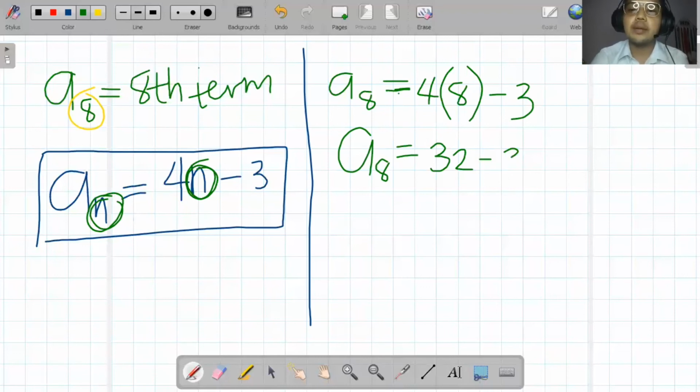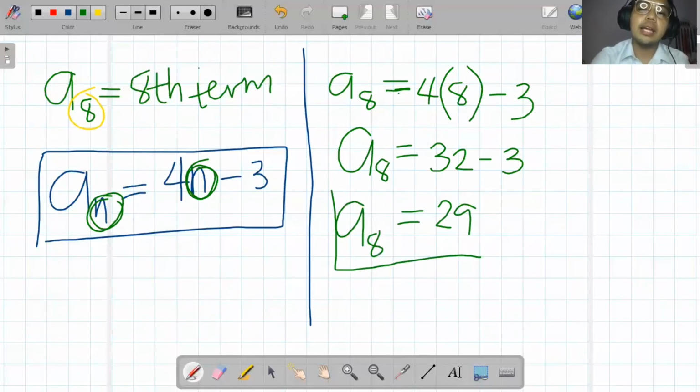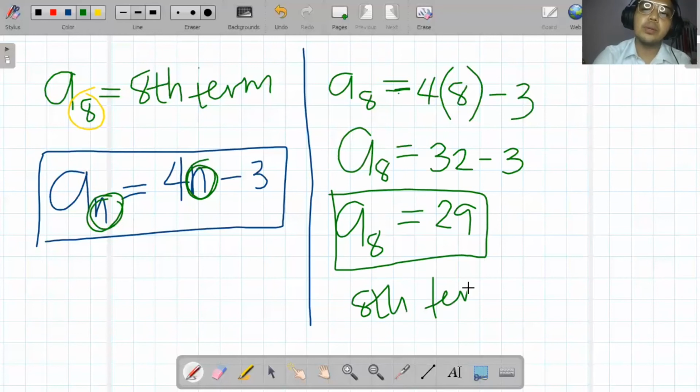Minus 3, so 32 minus 3 is 29. So the eighth term that we're looking for is 29.